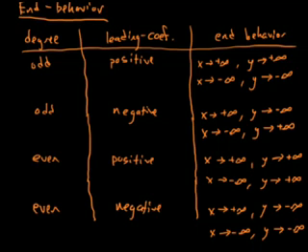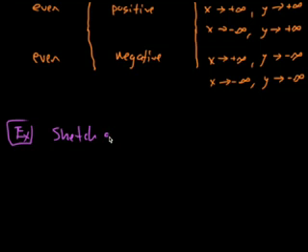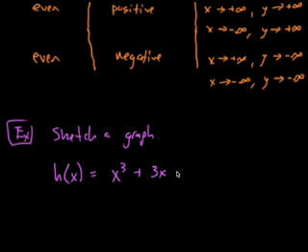So that way, if I describe, actually, let's do an example. Might as well end on an example. So if I said sketch a graph of, let's say I have h of x equals x cubed plus 3x minus 1.